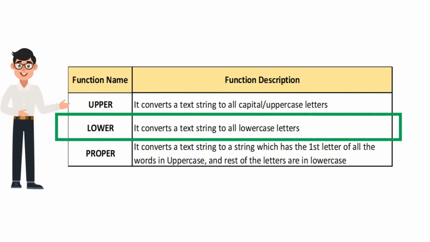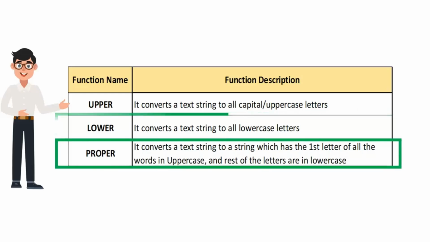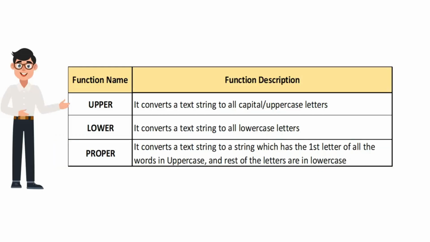It converts a text string to all lowercase letters. Then we have proper function. It converts a text string to a string which has the first letter of all the words in uppercase and the rest of the letters are in lowercase. All the functions discussed in this session are used for formatting of strings.